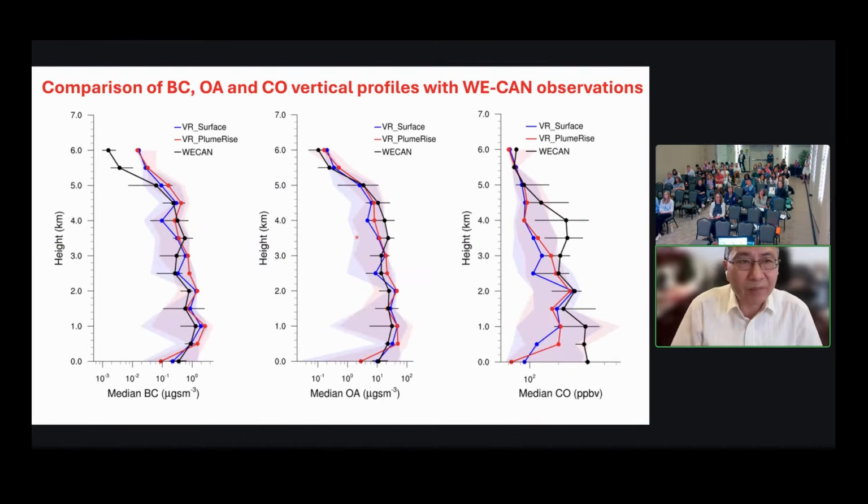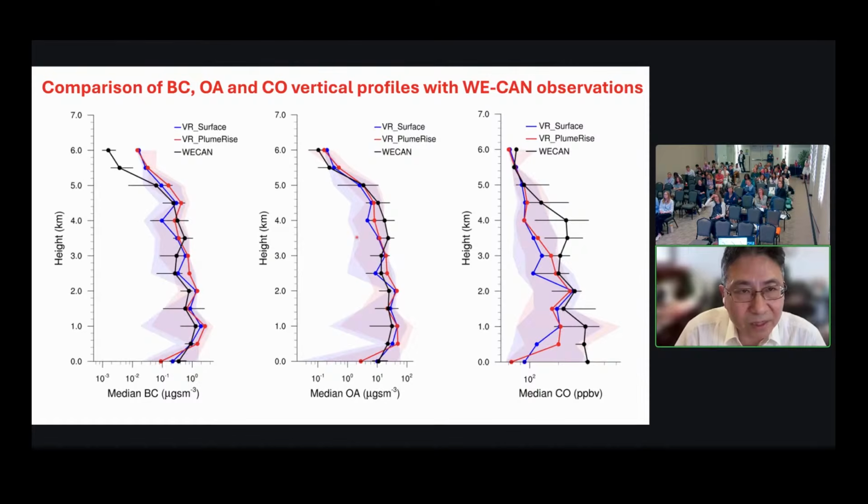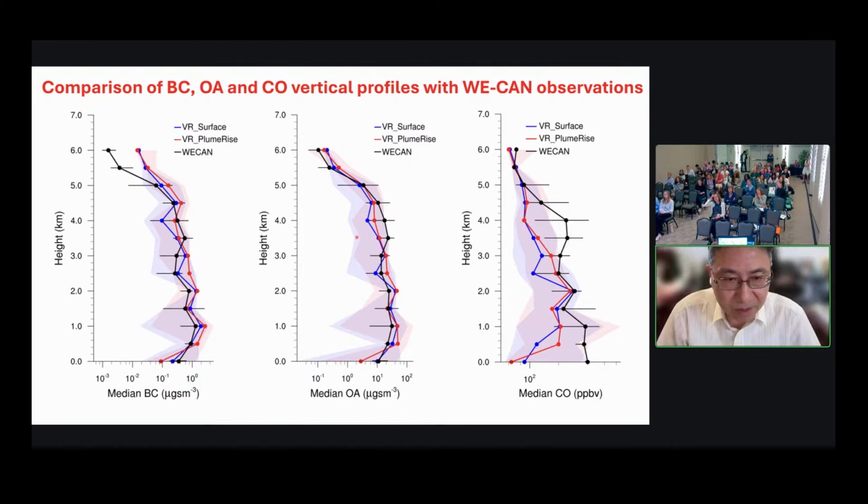And we compare these aerosol and trace gas vertical profiles with the WE-CAN observations in North America. You can see the vertical profile: the left is black carbon, the middle is organic aerosol, and the right is CO. The black curve is from WE-CAN aircraft observations, and the blue and the red are from the two model simulations.